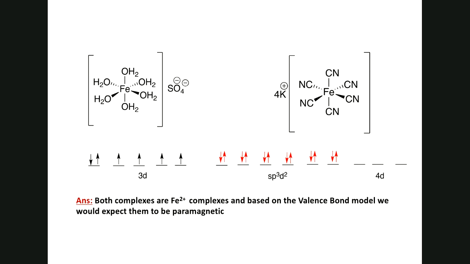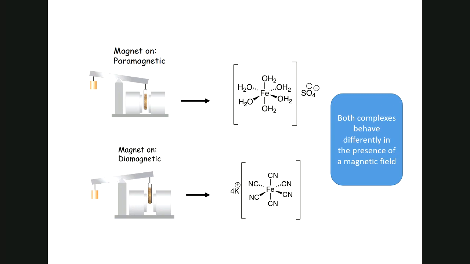So both are Fe2+, and based on the valence bond model, we'd expect them to be paramagnetic. But as chemists, we can actually go into the lab now and do the experiment and see what we find out. So when we place our hexaaqua species into the Gouy balance, it gets drawn in, which means it's attracted to the magnet, and we say that it's paramagnetic.